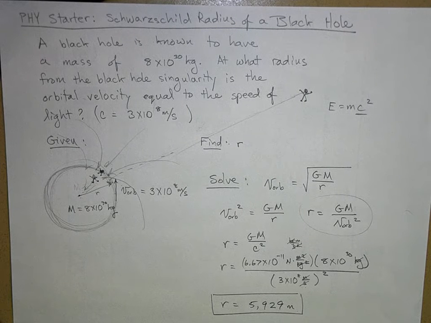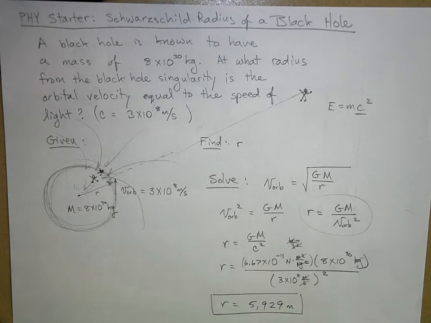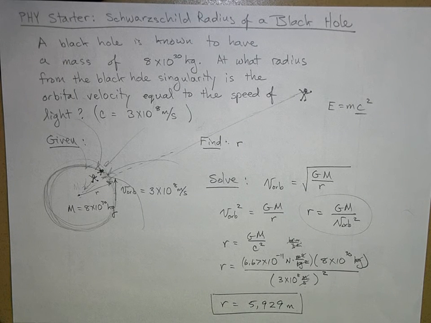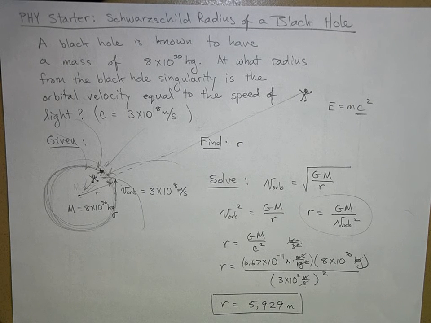Your brain is adapted for ordinary speeds at ordinary sizes, and so common sense doesn't work for this kind of stuff. So you have to create models, make observations, make sure your models match the observations, and use those models to make predictions and test your predictions. And that's how we come up with these crazy ideas like general relativity and quantum mechanics.